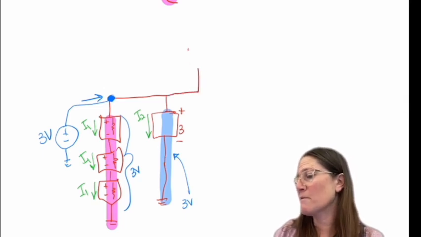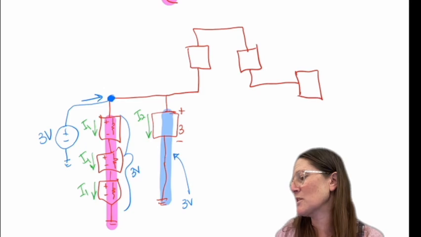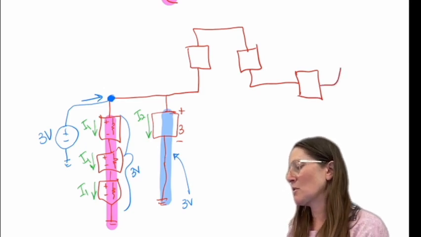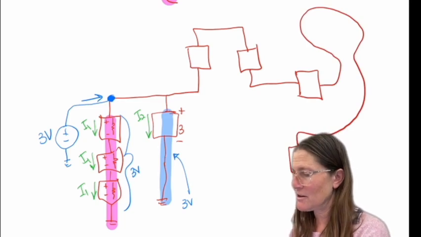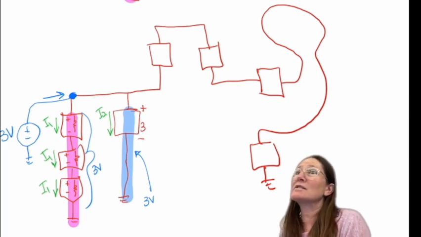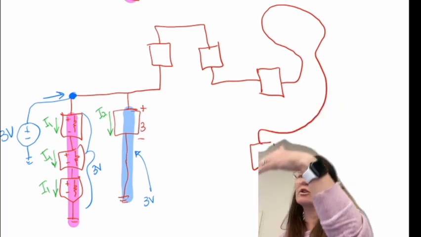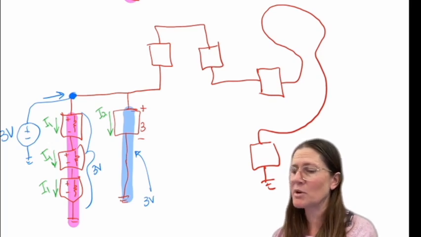I'm going to go up first and put an element there, and then I'm going to go down, put an element there. I'm going to go sideways, put an element there. I'm going to go back around and curve it around and go here. And I'm going to make a branch that looks like that. It's the same thing though. It's still one branch. Even though it curves and it turns and it goes all over the place, it's still the same branch.